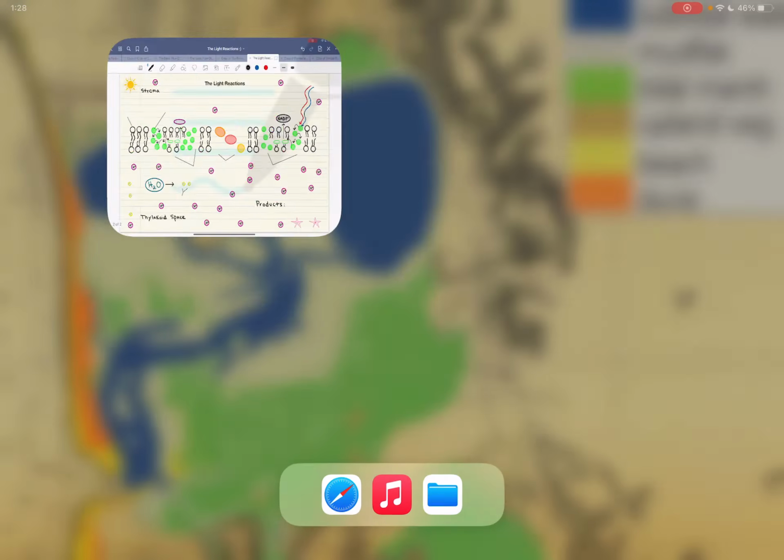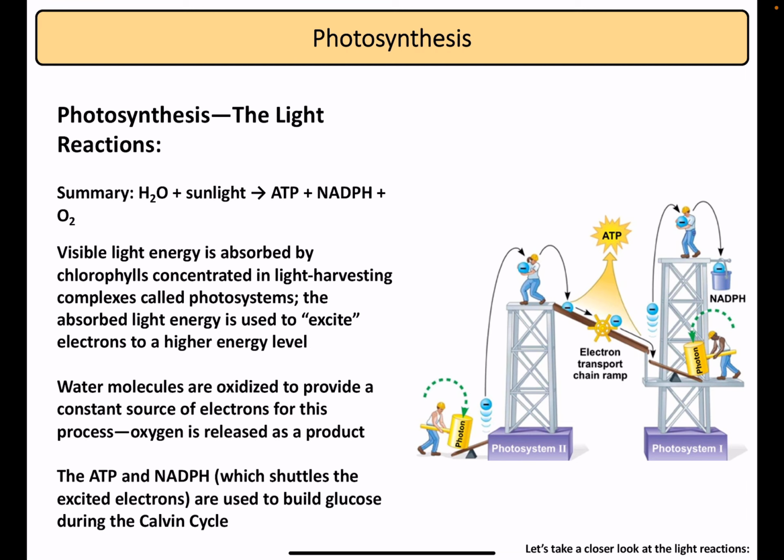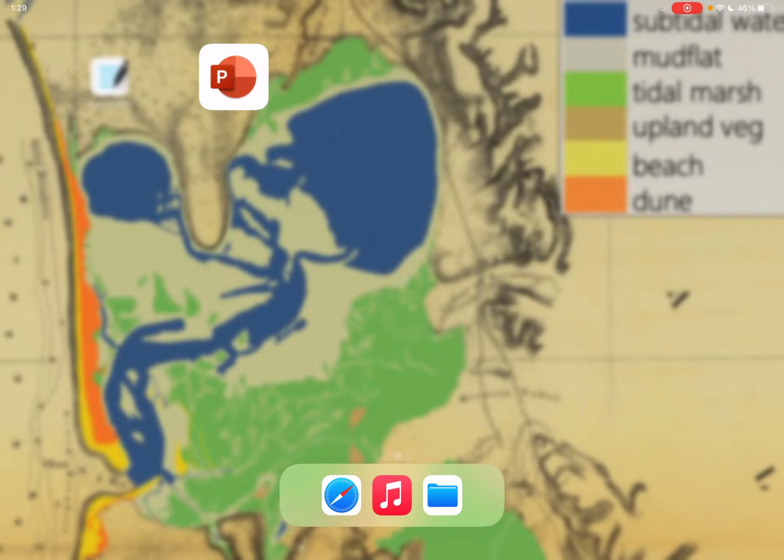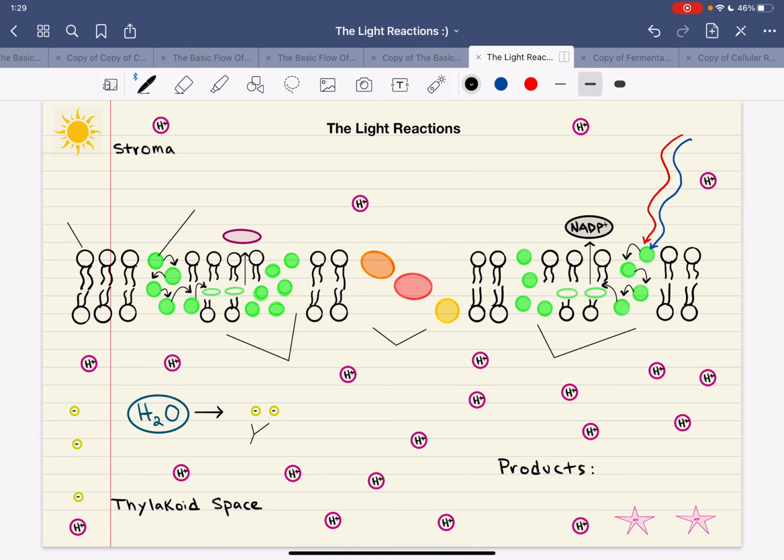If we go back here, what I've done is I've zoomed in on that third dark green membrane. I've zoomed in on the thylakoid membrane. So you can see that here. Let's label it.